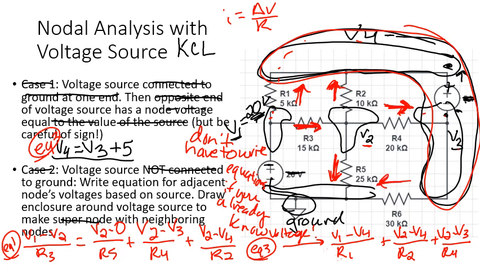I'm going to make him go this way. So that's all that's going in. All of the possible places branches hit the supernode. But what's leaving is then V3 minus ground, so minus 0, over R6. Sorry, that was V3 minus 0 over R6.